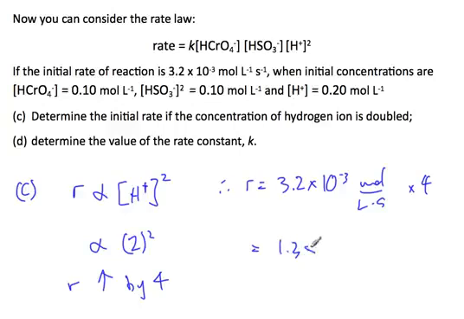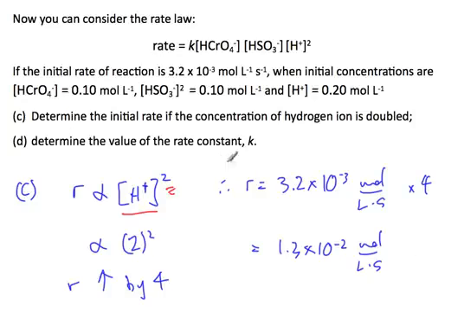So 1.3 times 10 to the minus 2 moles per liter second, if I've done my math correctly. Anyway, the point being, you can look at how the effect of a single reactant, like hydrogen ion, which is raised to this order, will affect the rate of the reaction. You can look at that independently of any other reactant.